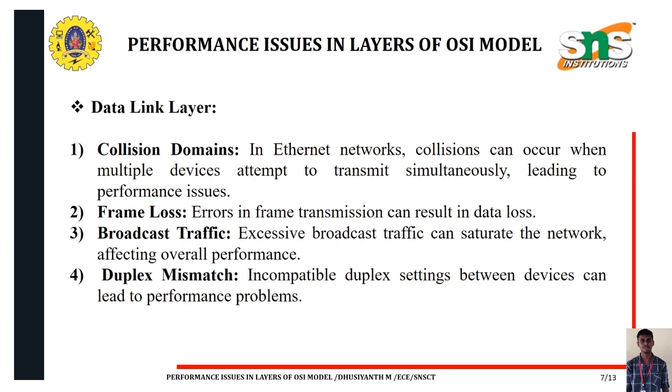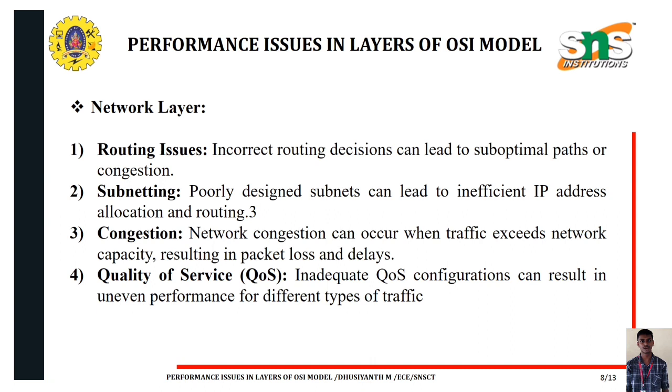And next of all, the network layer. The problems in the network layer are routing issues, subnetting, congestion, and quality of service, often referred to as QoS. First of all, routing issues. Incorrect routing decisions can lead to suboptimal paths or congestion.